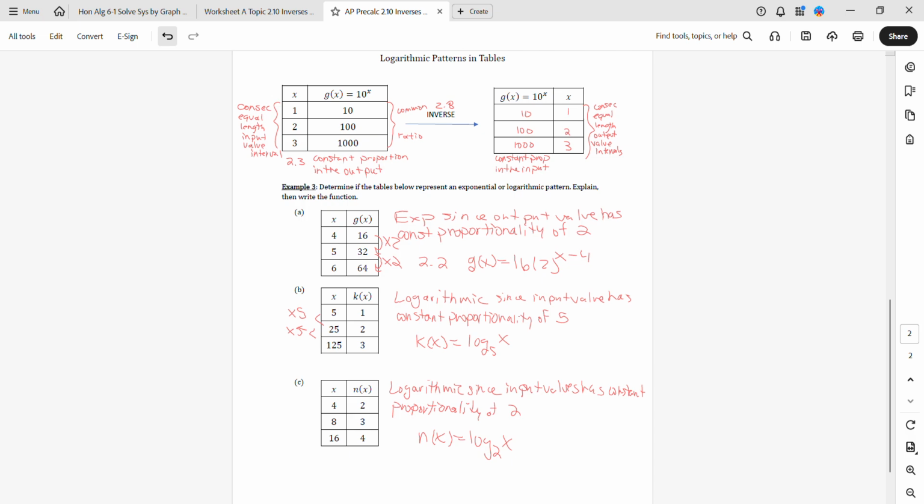But if you have the output value of 1, it is that input value that is the base. And it doesn't matter if you have a fourth term. No, it does not matter because it's this constant proportionality of the input that becomes the base. So like here, 4, 8, 16, I'm multiplying by 2.